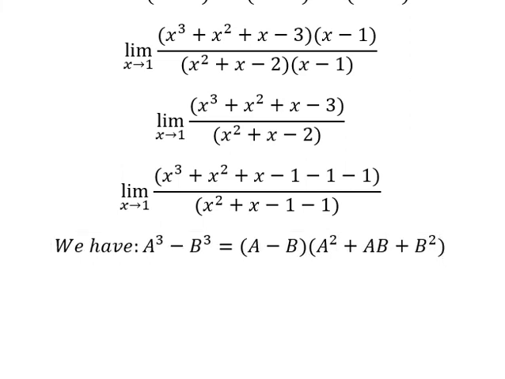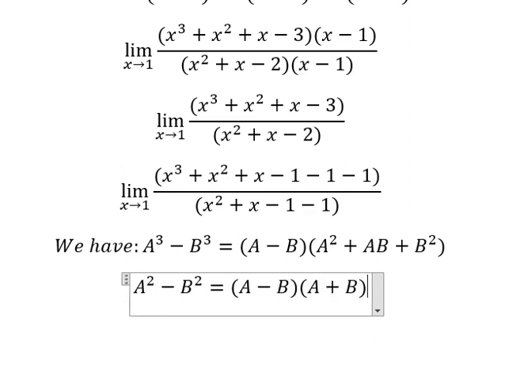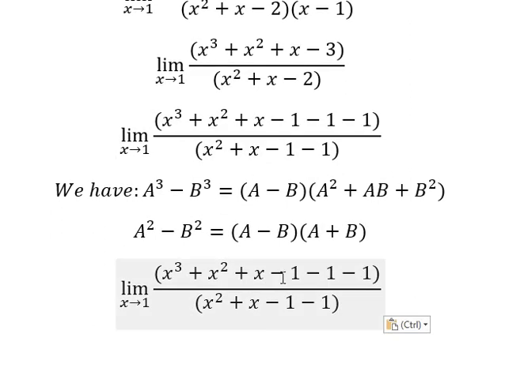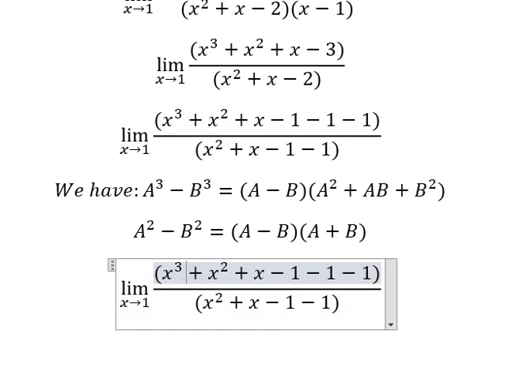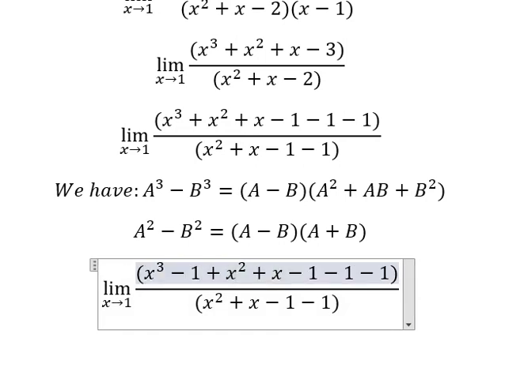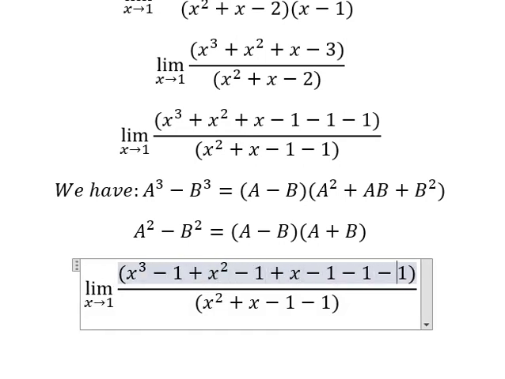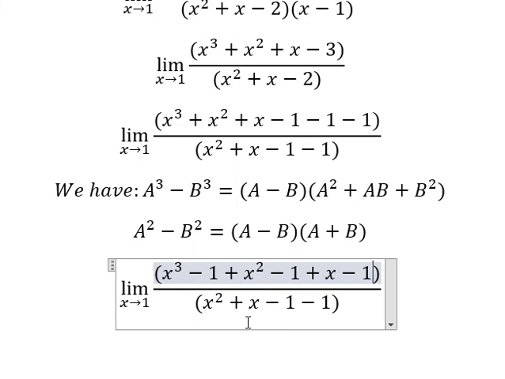And the second one, now I will put negative number 1 gone here and negative number 1 gone here. So I will put negative number 1 gone here.